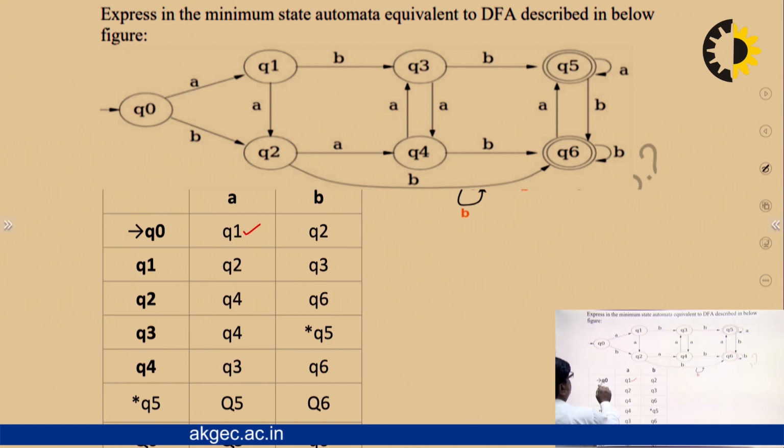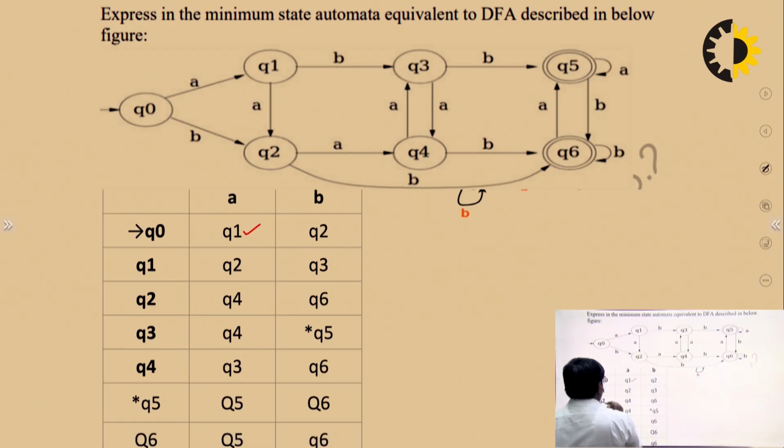Q0 on B, we move to Q2. Q1 on A, Q2. Q1 on B, Q3. From Q2 on A, Q4, and Q2 on B, that is known as Q6. With the help of this DFA, we make the transition table.